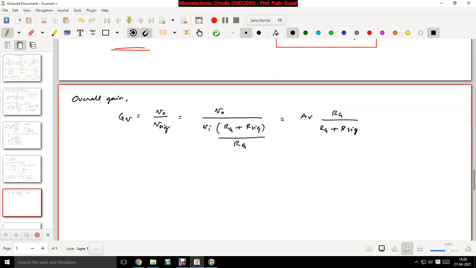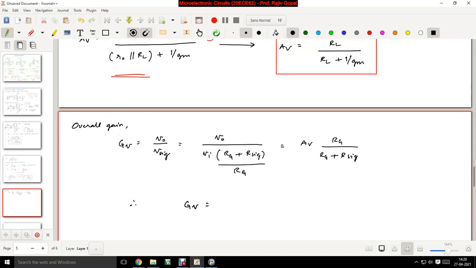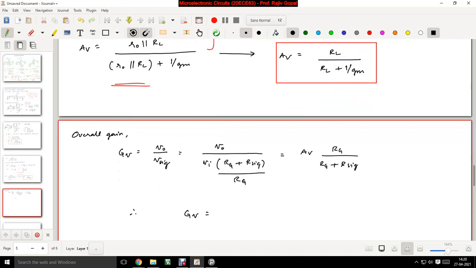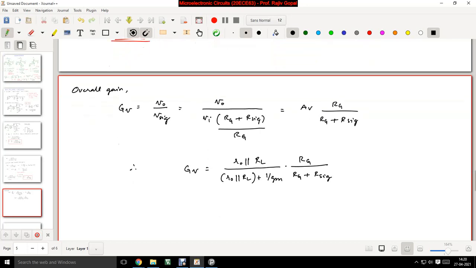Therefore GV is R naught parallel RL divided by R naught parallel RL plus 1 by Gm, into Rg by Rg plus R signal.